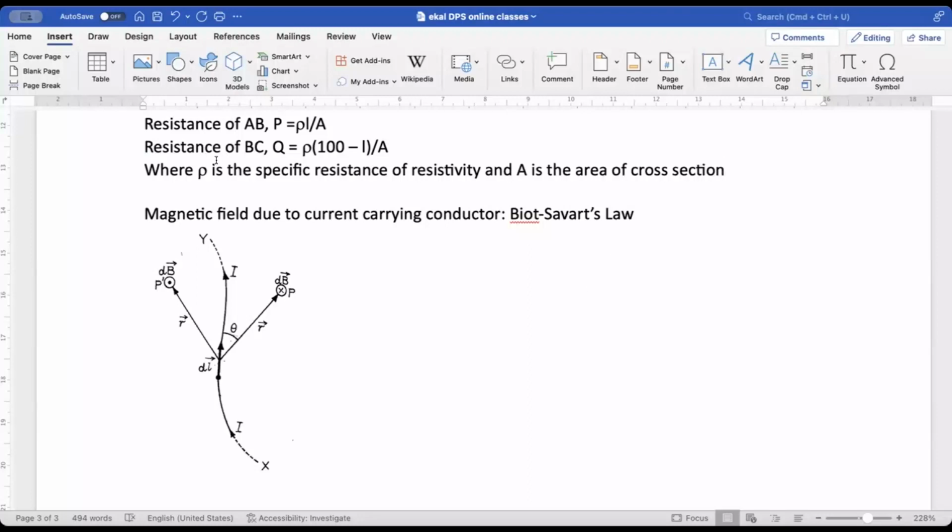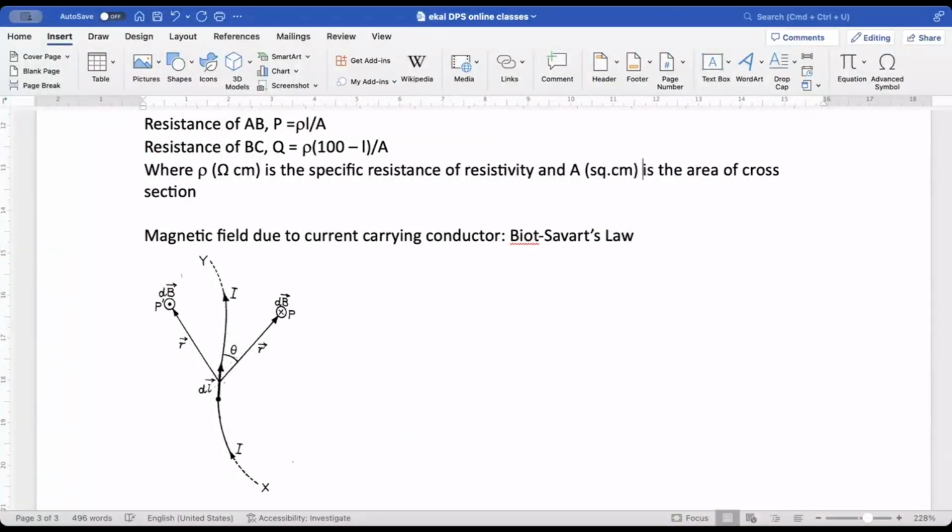Resistivity is measured in ohm centimeter, and the area of cross-section A is taken in square centimeter.